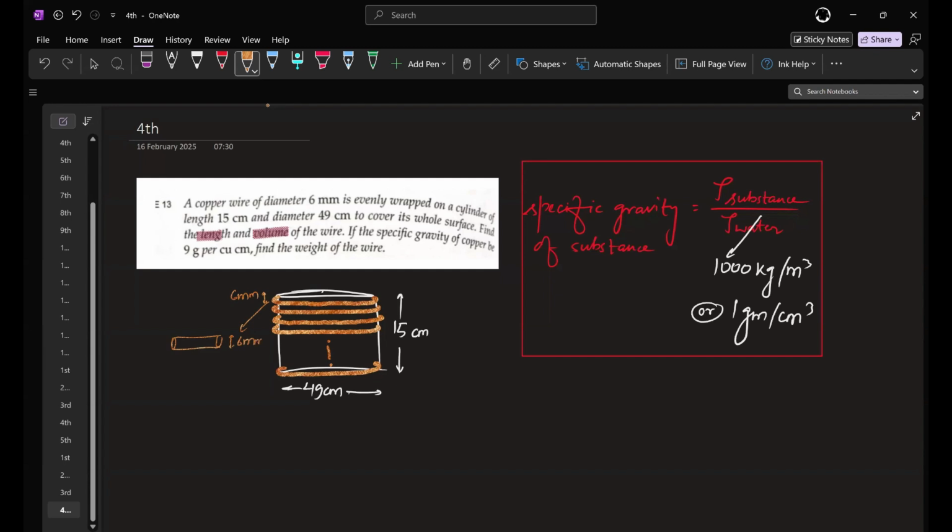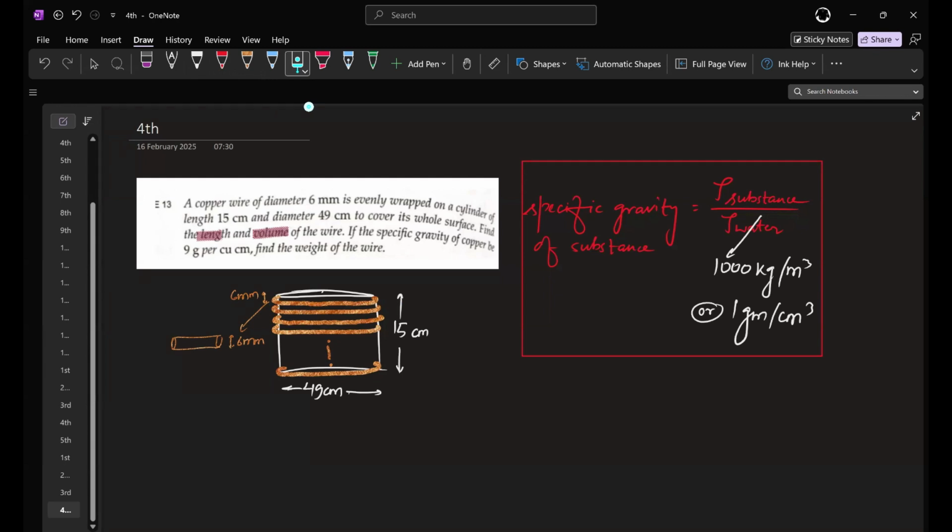Now, why are we wrapping this 6 millimeters again and again? So that the complete wrapping takes place over the whole height.